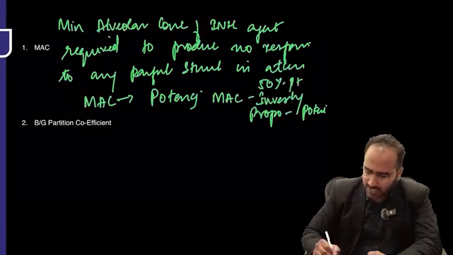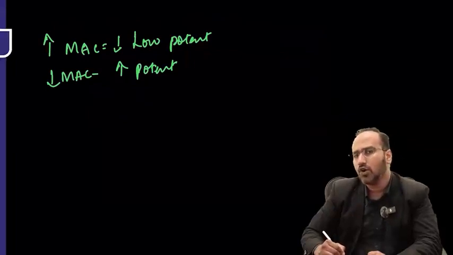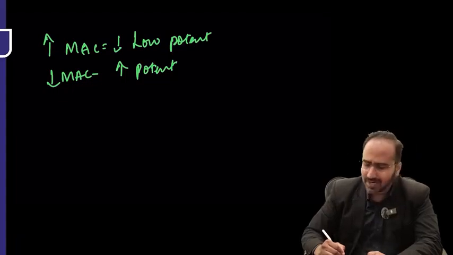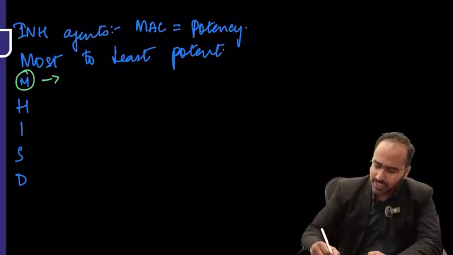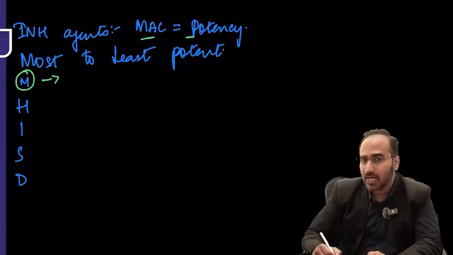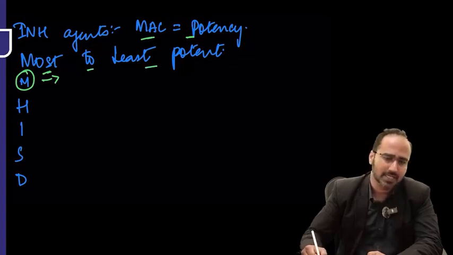Regarding MAC, before going to blood gas coefficient, first we will discuss a few things. There are a few MAC values given for a few inhalational agents. So we'll rate the MAC values. I'm writing the most to least potent inhalational agent.